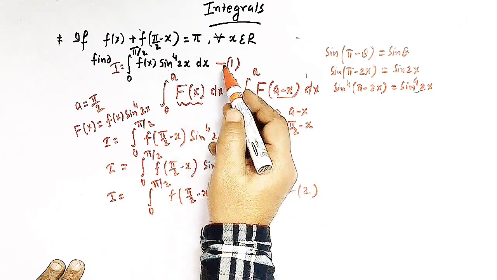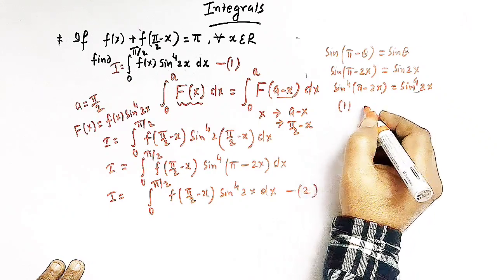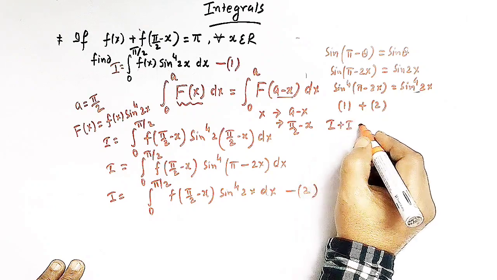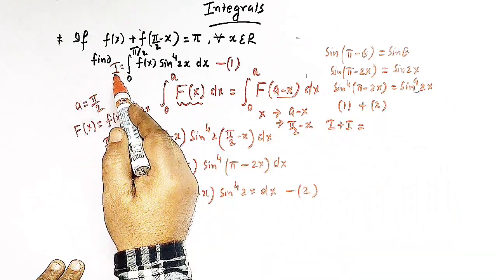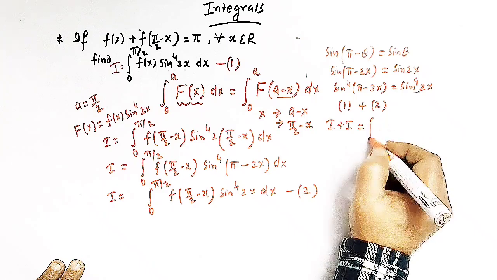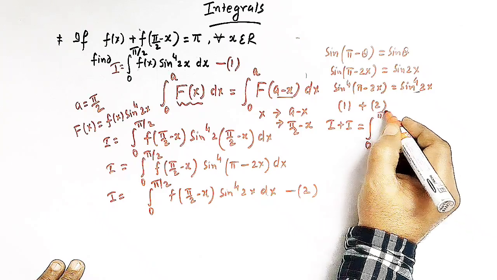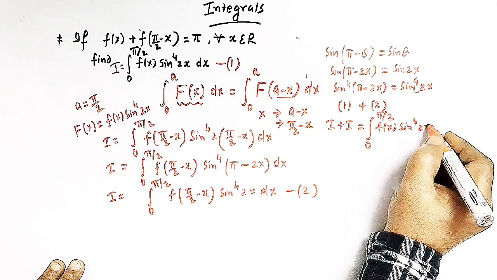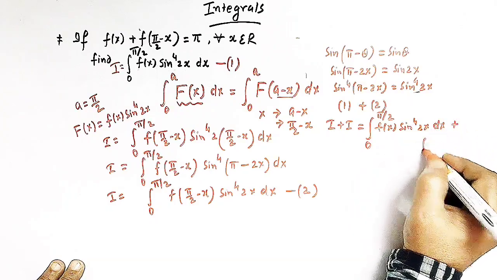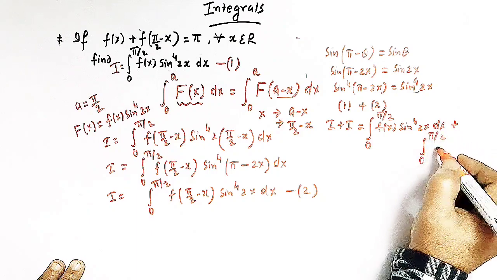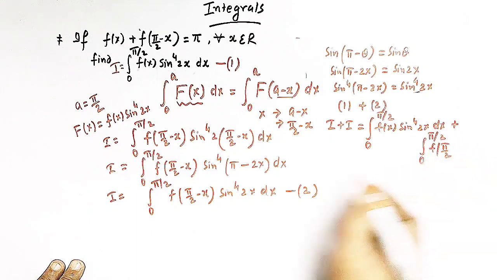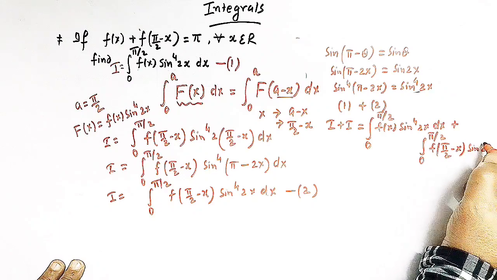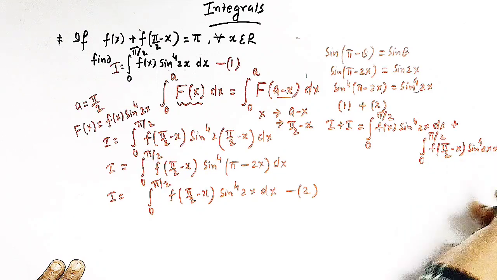So now let us add equation 1 and 2. When we add equation 1 and 2, we have I plus I on the left hand side, and on the right hand side we have the integral from 0 to pi by 2 of f of x sine 2x raised to 4 dx, plus the integral from 0 to pi by 2 of f of pi by 2 minus x times sine 2x raised to 4.